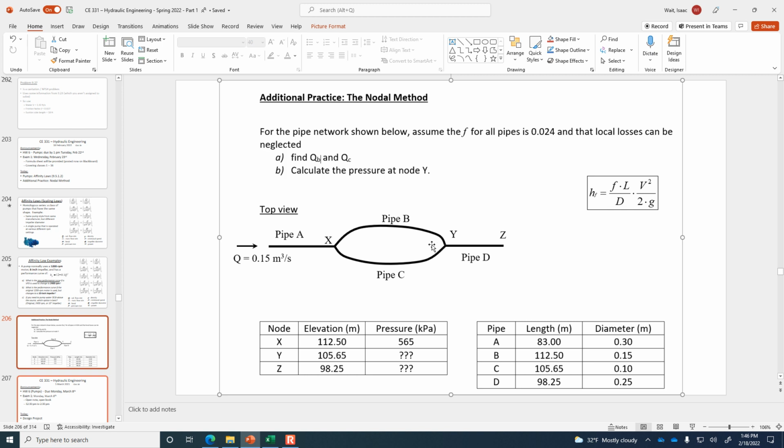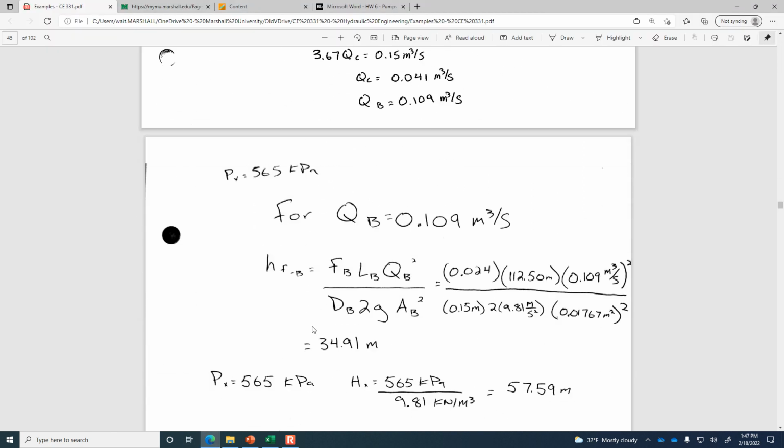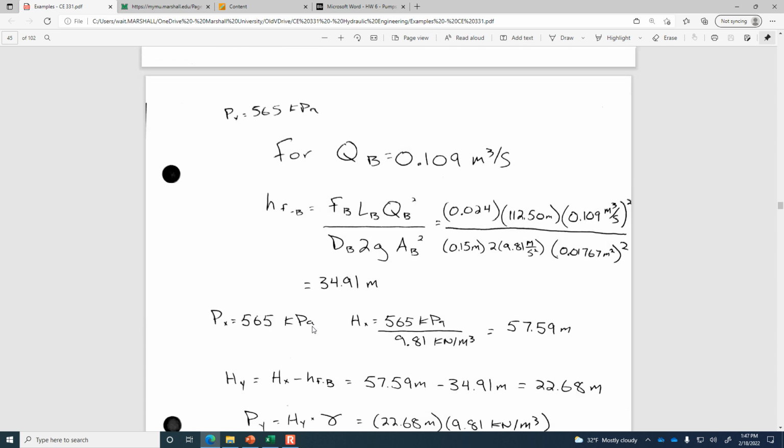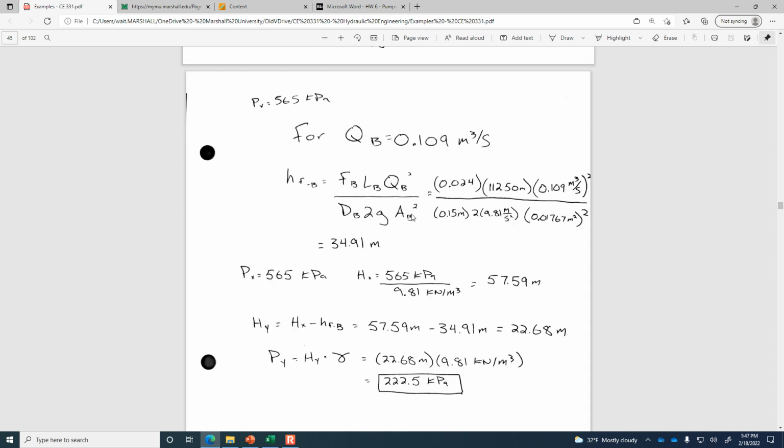So if there was no head loss due to pipe friction, then the pressure at Y would be greater simply because of the elevation difference. So we're going to simultaneously account for the elevation difference and also the head loss. Since we're low on time, let me just show you that. I'll pull that up and give you a moment to look at the solution and read through the process for that.